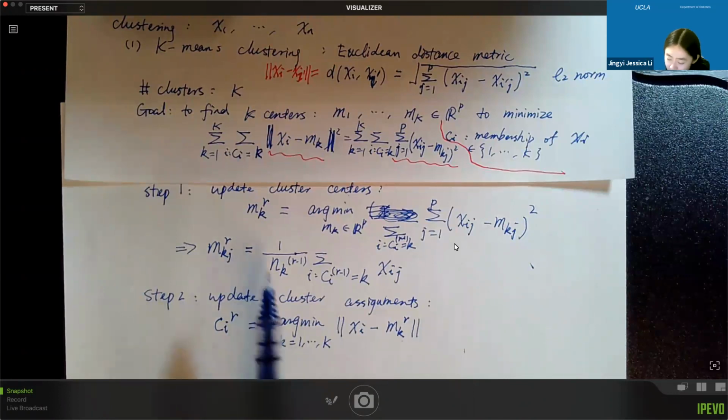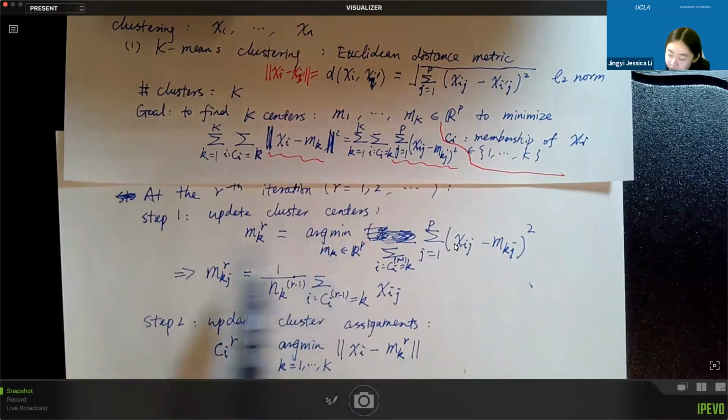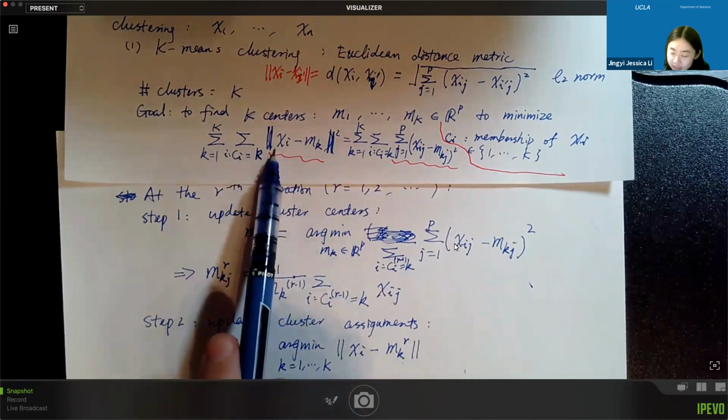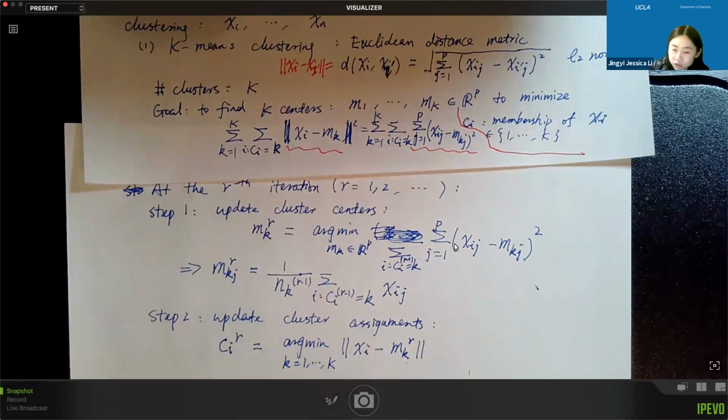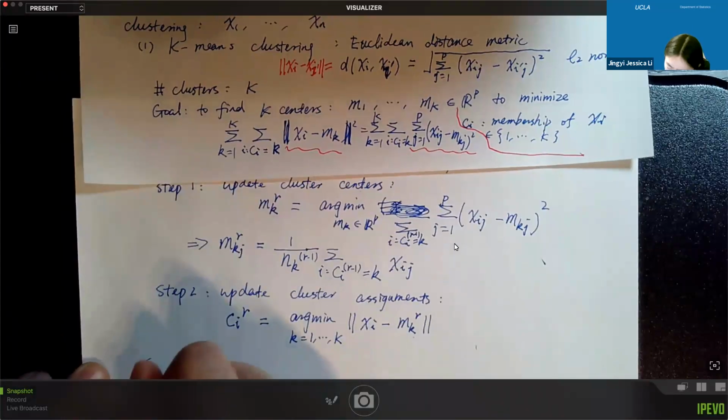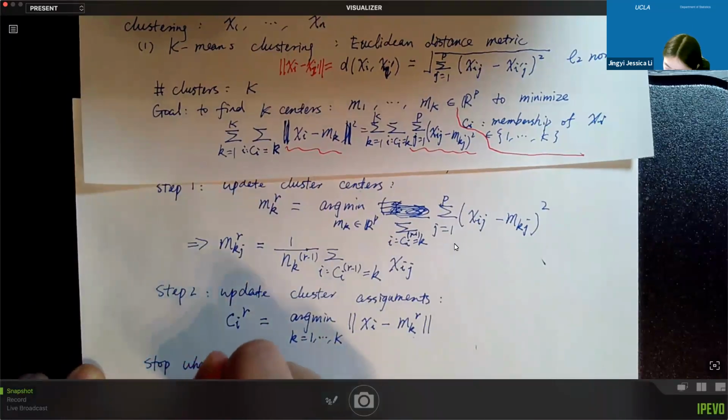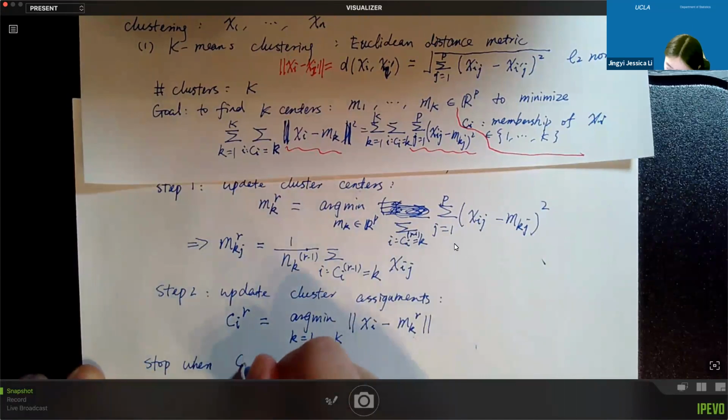So you can see that for the iteration, every step is trying to decrease this objective or at least not to increase the objective. This can ensure that after we run the iteration, we stop whenever the assignments no longer change. So stop when CIR equals CIR minus 1.